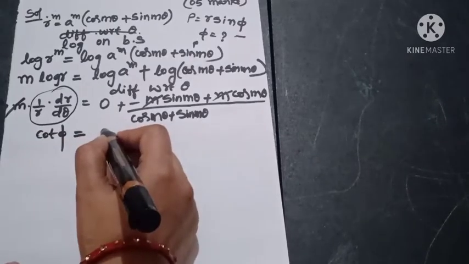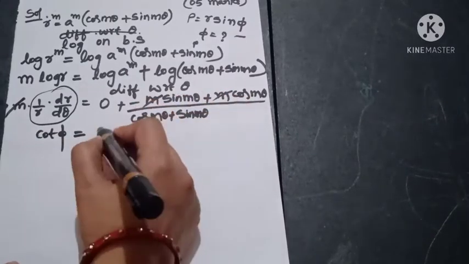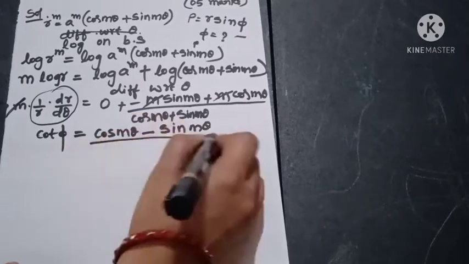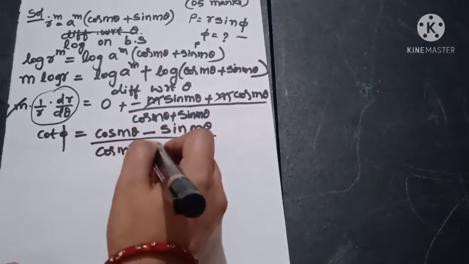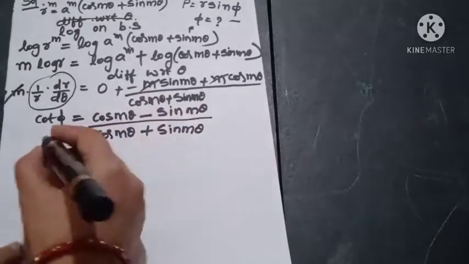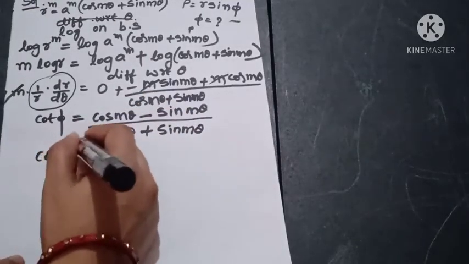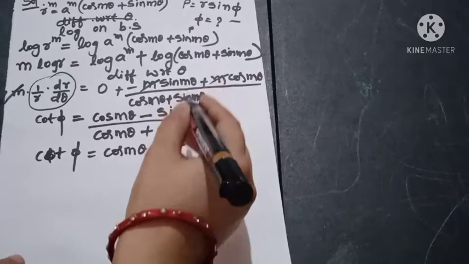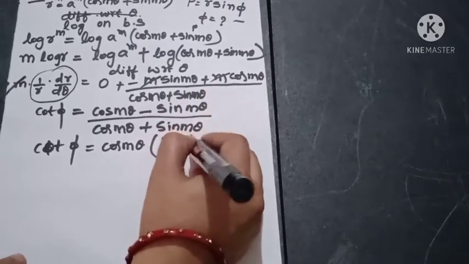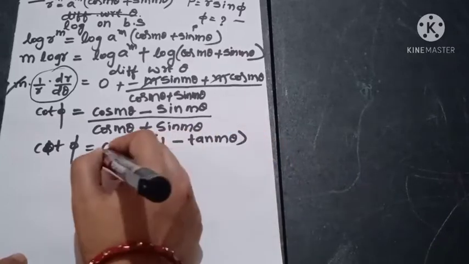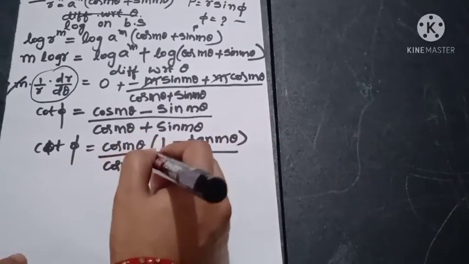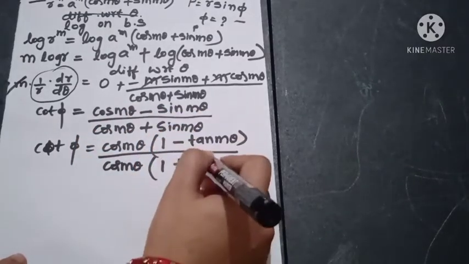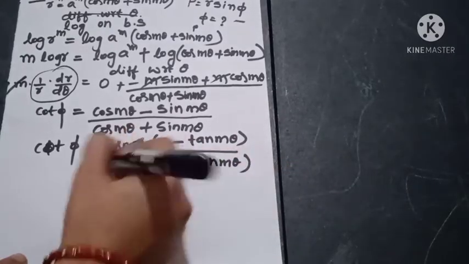Cot phi is equal to cos m theta minus sin m theta divided by cos m theta plus sin m theta. Next step: cot phi is equal to, taking cos m theta as common factor, 1 minus tan m theta divided by 1 plus tan m theta, since sin by cos is tan, and the cos m theta cancels.